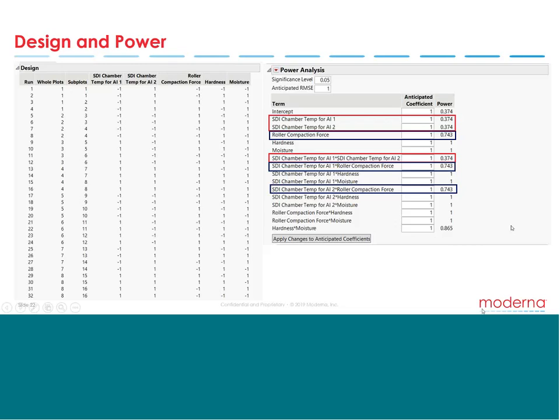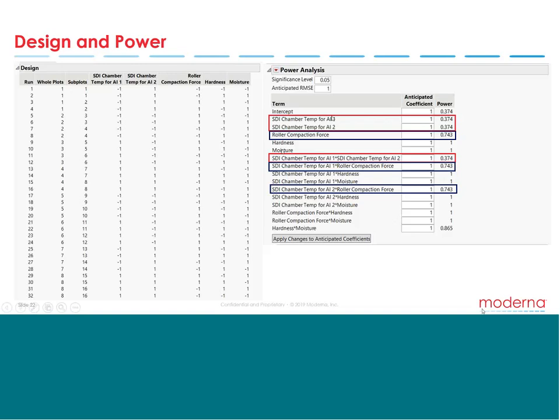So the power numbers that it's giving are not necessarily the power that we're going to have, since we're not sure what these coefficient estimates are or what our standard deviation is. But it's still important to look at this because it tells you relatively how much power you have for your different model terms.